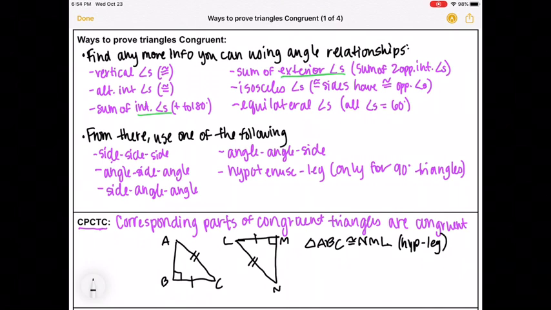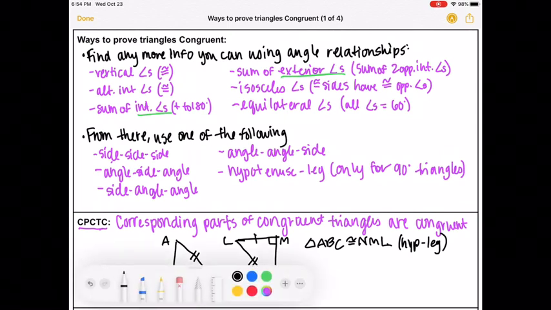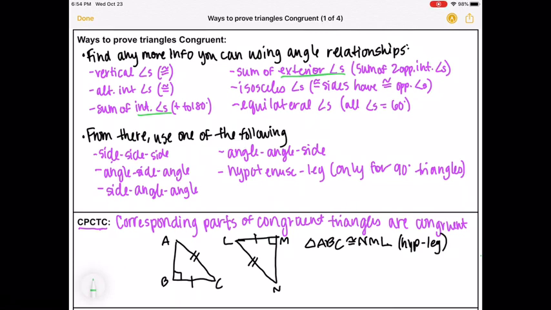All right, now from there, since we already know that those are congruent, say that's the information they gave us, that statement and that drawing. Now, using CPCTC, corresponding parts of congruent triangles are congruent, I could say angle BCA, this one, is congruent to angle MNL, this one, because that's the corresponding part from this triangle to this triangle.